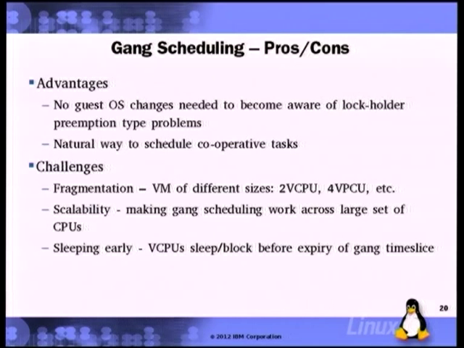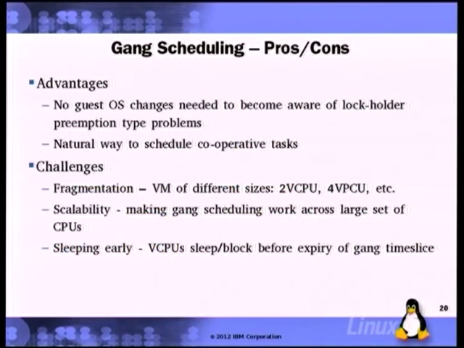As I said, the challenges are fragmentation, wherein the examples I took were all 4 vCPU VMs with 4 CPU SMP. But what if I have a mix of 2 vCPU, 4 vCPU, 8 vCPU VMs? Then what happens? There is also scalability that I touched upon, and whether the vCPUs sleep or block early.